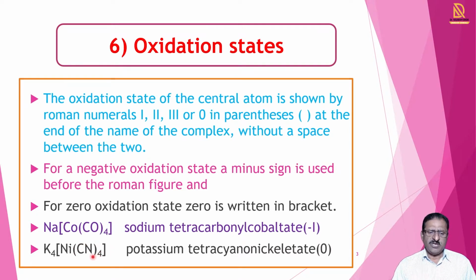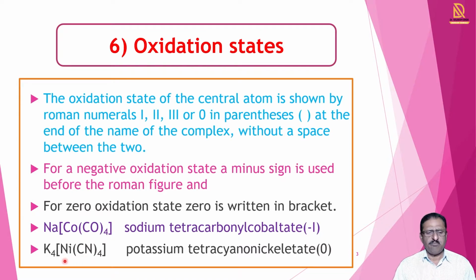Now you see that in CN there is a -1 charge, and 4 such CN are present. So the charge on nickel is 0. It means in this example nickel has 0 oxidation number, and accordingly we give the names.